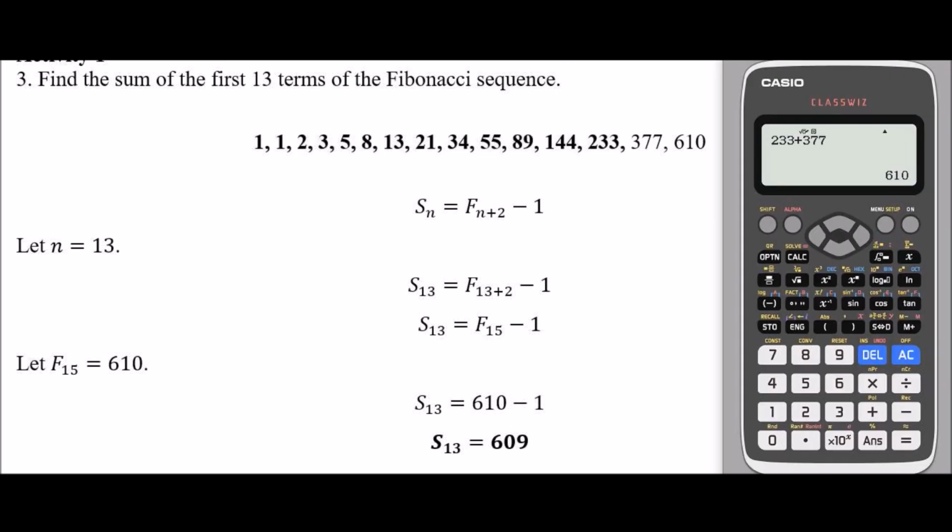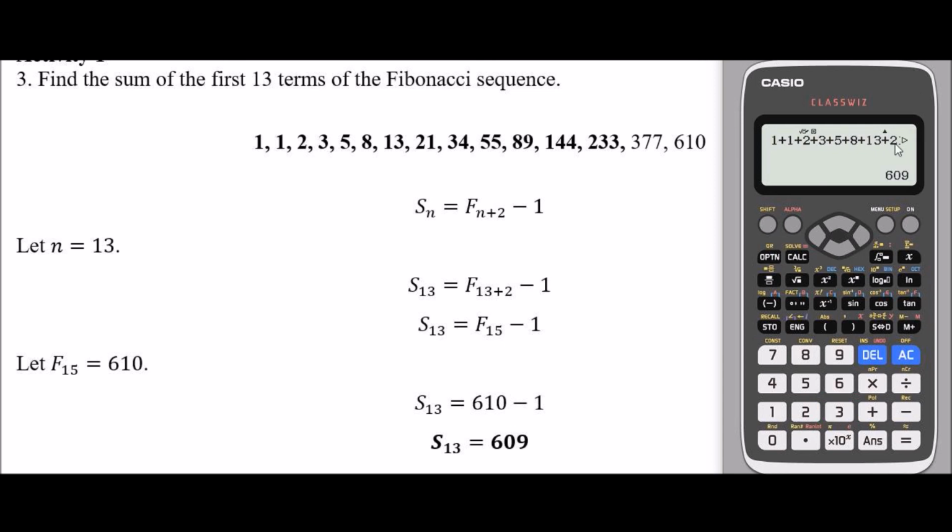So 1 plus 1 plus 2 plus 3 plus 5 plus 8 plus 13 plus 21 plus 34 plus 55 plus 89 plus 144 plus 233.